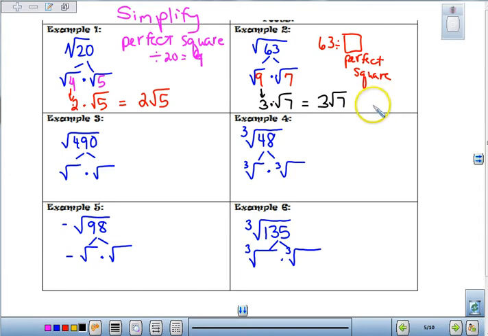How do you know if you did this correctly? What you can do is put this in your calculator and find the square root of 63, and then put in your calculator 3 times the square root of 7 and see if you get the same answer. I'd like you to pull up your calculator and try that right now.